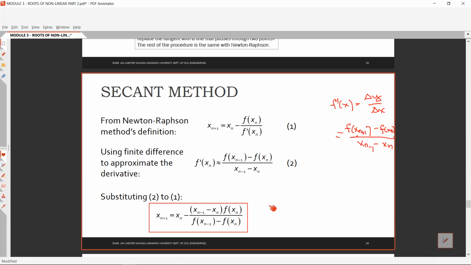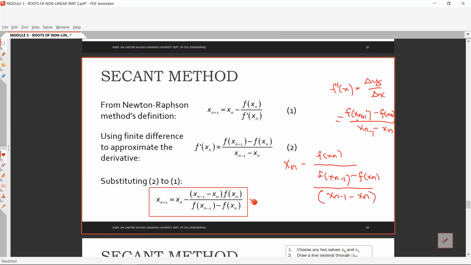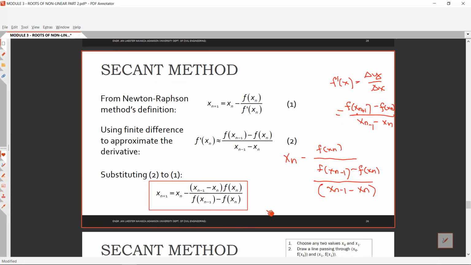Okay? So, pagka-substitute class, ganito yung mangyayari. Then, siyempre, you will have your x sub n minus f of x sub n all over f of x sub n minus 1 minus f of x sub n over x sub n minus 1 minus x sub n. Okay? Then, reciprocal no denominator, pupunta sa taas, syempre. So, we have the equation na this one.